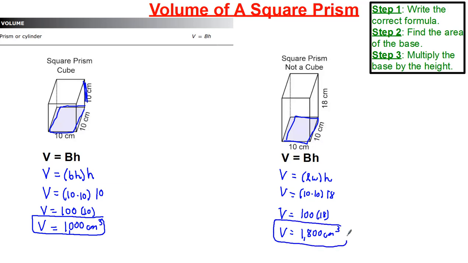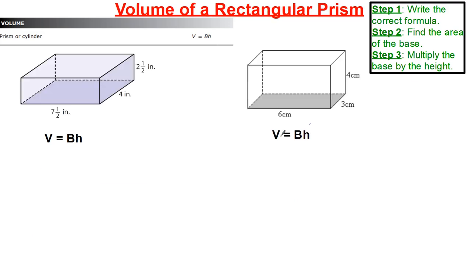Once again, big B is the area of the base. So let's see this for these rectangles here. Volume is equal to, once again, length times width multiplied by our overall height. The overall height here is 2.5, and this is our base right here.